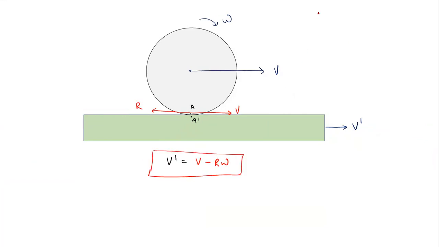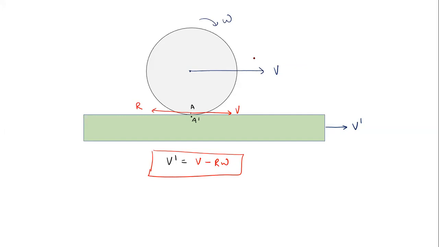Did you get this? Yes or no? Yes. It should be V dash equal to V minus R omega. Very good. So don't blindly say that whenever the pure rolling concept comes, omega is equal to V by R. You have to see whether the surface is moving or not.